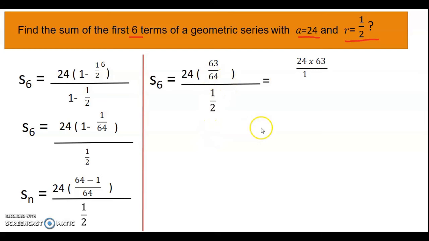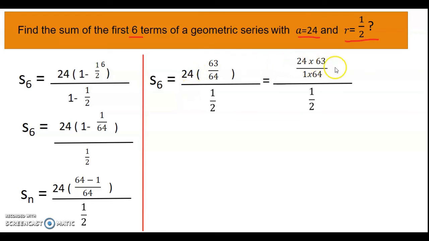Now, let's go to multiplication of fractions. Here we have 24 and 63 over 64. So in multiplication of fractions, we will multiply numerator by numerator and denominator by denominator. So here our numerator is 24 because this is a whole number, so it is understood that the denominator is 1.